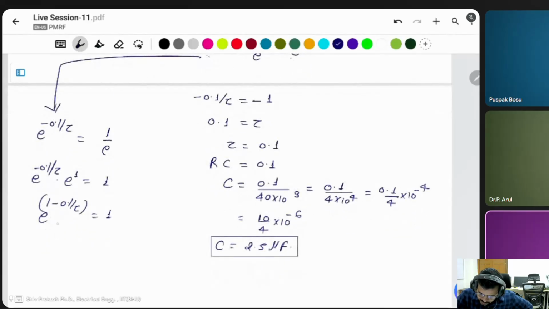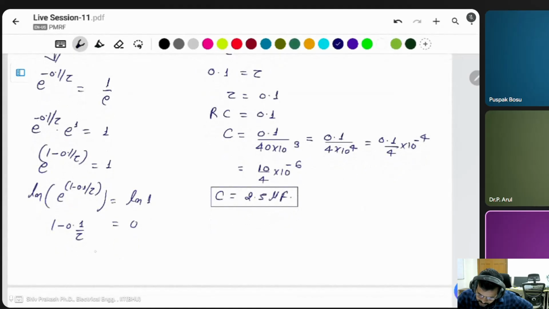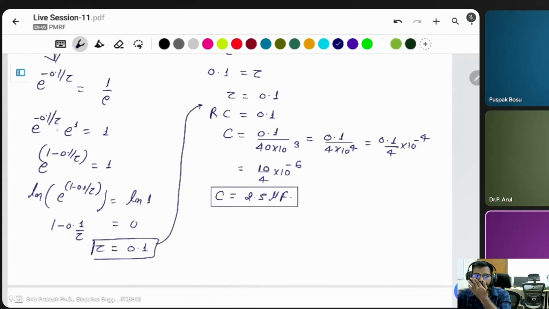You can apply ln: ln of e to the power of 1 minus 0.1 by tau is equal to ln 1, and log 1 is 0. So 1 minus 0.1 by tau is equal to 0. That means in this case tau is equal to 0.1, same thing as here.